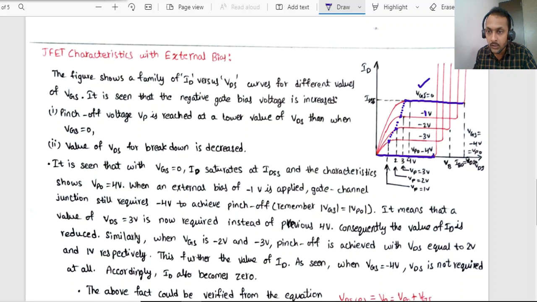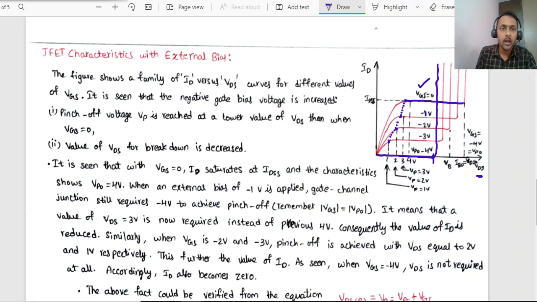But after crossing some VDS, it leads to a sudden breakdown. Because of this breakdown, we get a rise in the current. This rise in current is due to the breakdown of the gate. Up to here the drain current is 0, right?